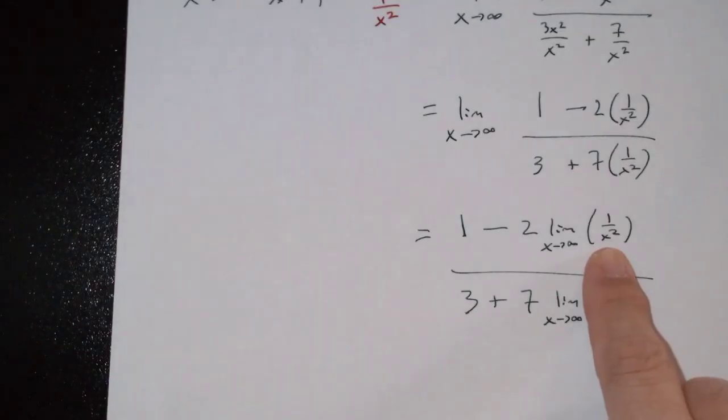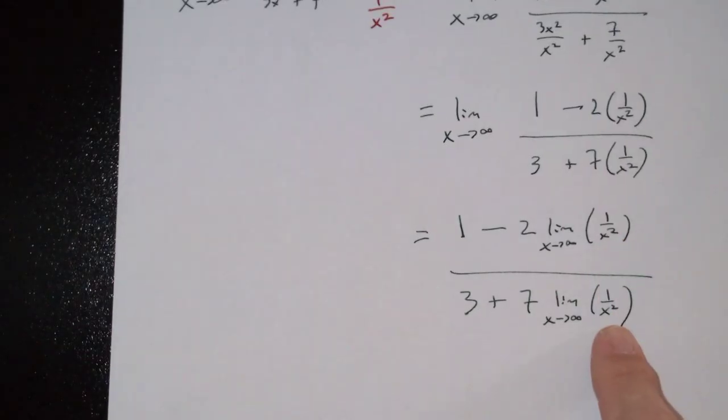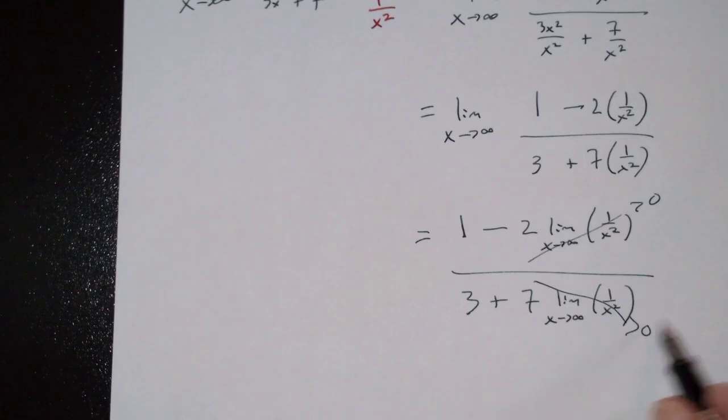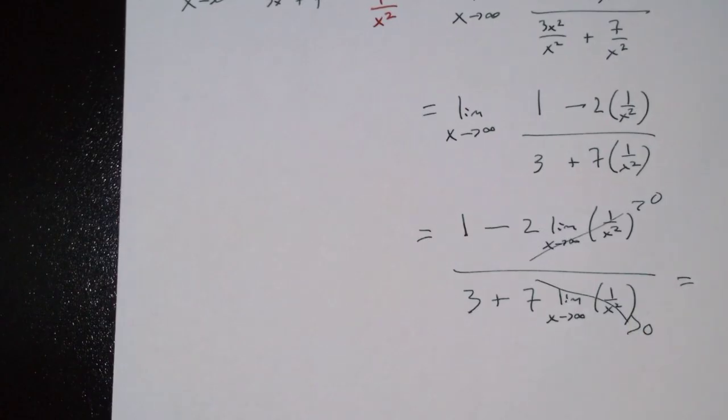So that limit is 0. And this limit down here is also 0. Wait a minute. If this is 0 and this is 0, I get 1/3. I'm done.